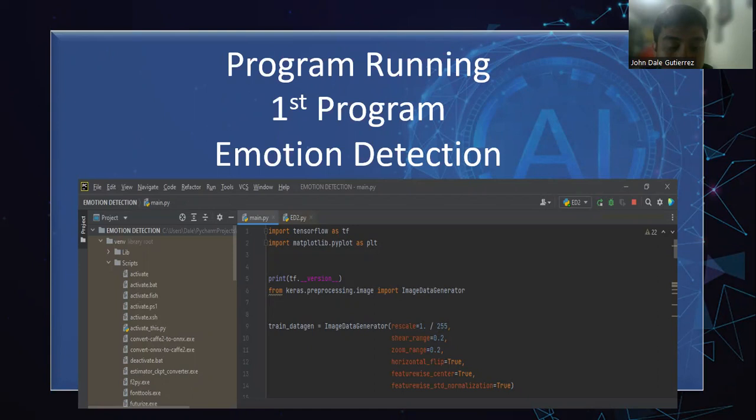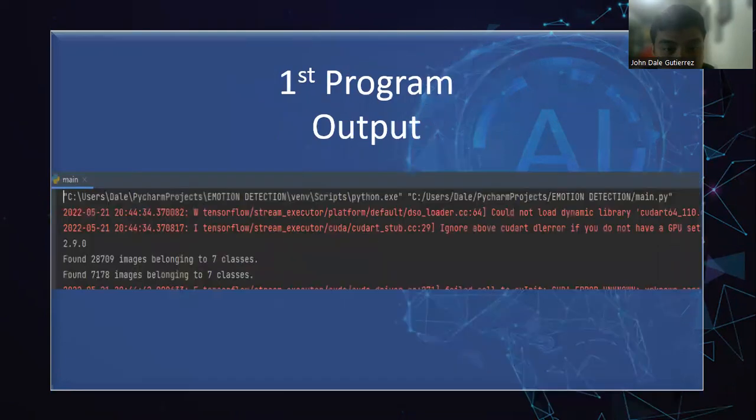I have copied the required commands from Kaggle, and I just pasted all the commands in PyCharm. So this is the output of the program.